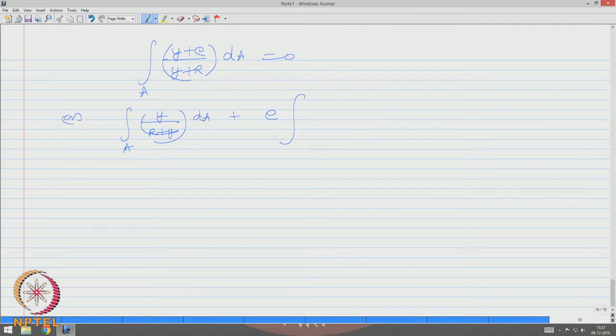Let us look at this equation 7, integral of (y plus e) by (y plus R) dA is 0. I split this equation: integral of y by (R plus y) dA over A plus e integral of 1 by (R plus y) dA is 0. Let us call this equation 7a. Let us look at the first integral.